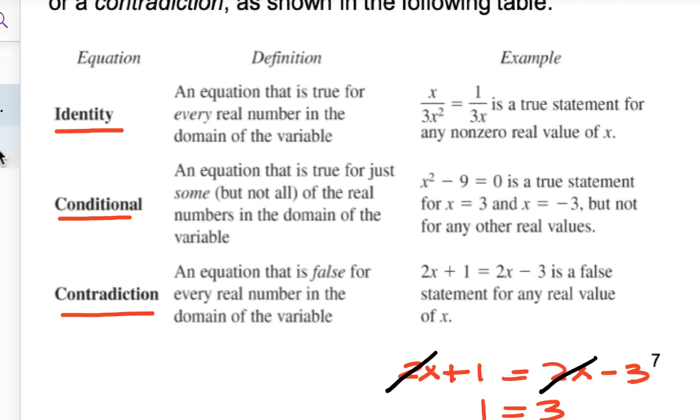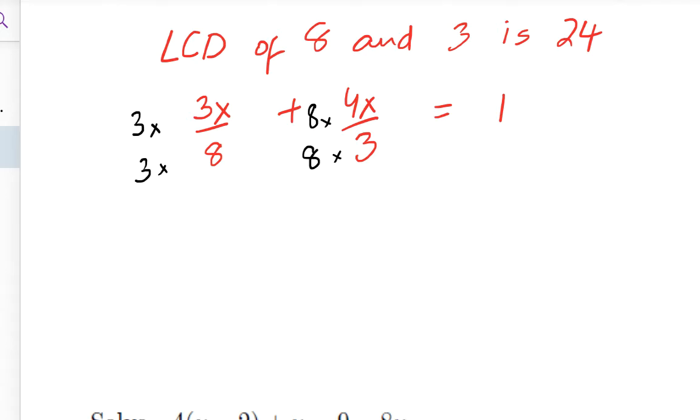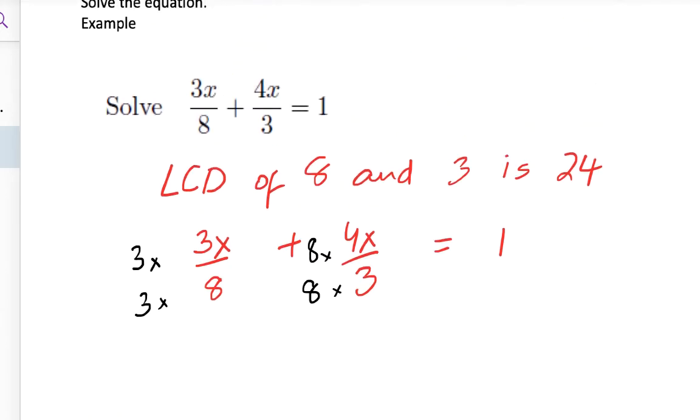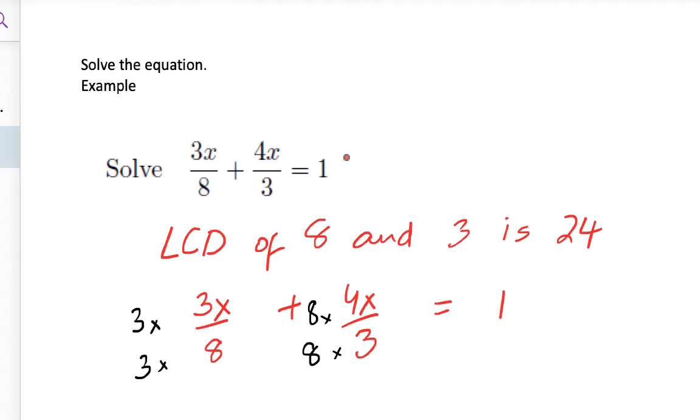Let's go ahead and now solve some equations. So we're going to start with an example. We're going to look at 3x over 8 plus 4x over 3 equals 1. Before we can solve this for x, we have to have a common denominator on the left-hand side. So the least common denominator of 8 and 3 is 24.